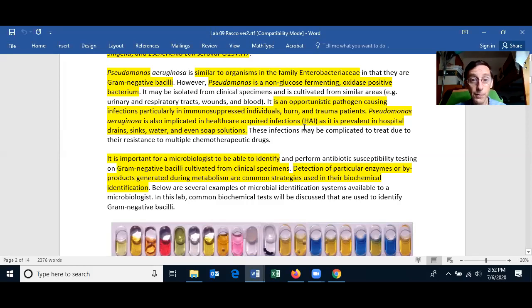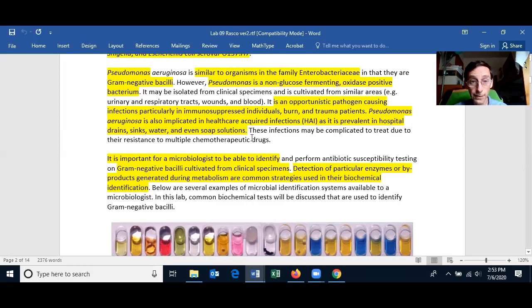Okay, so some of the Pseudomonas are opportunistic pathogens, and with Pseudomonas aeruginosa, it's debatable whether it's an opportunistic pathogen or whether it's a frank human pathogen. It rarely causes disease in a healthy individual, but if the person is impaired, like a burn patient or immunosuppressed patient, it can easily cause disease in those patients.